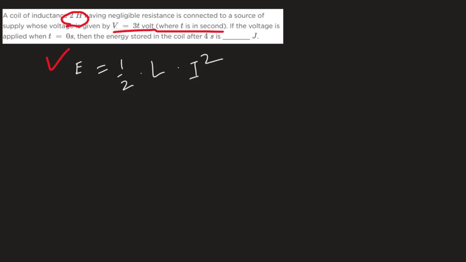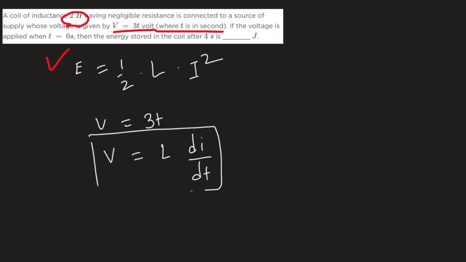What they have given is the voltage and it is a function of time. So V is equal to 3t. That is what they have given. We also know that voltage is equal to L di by dt. Okay. So you should know this particular formula.